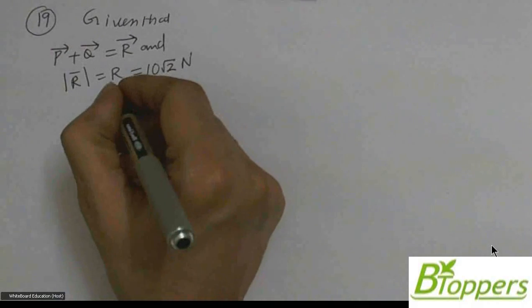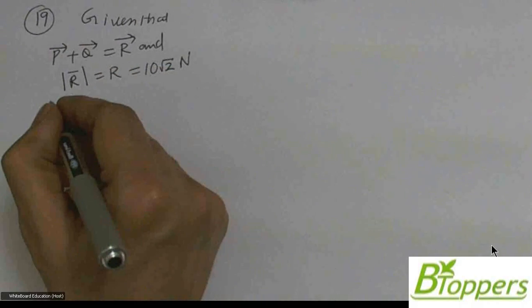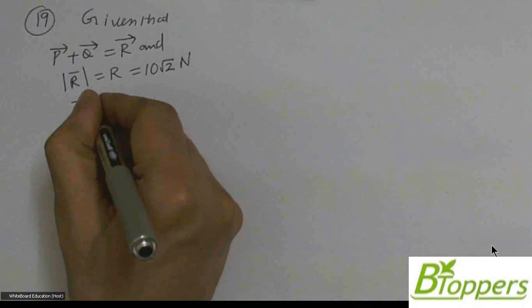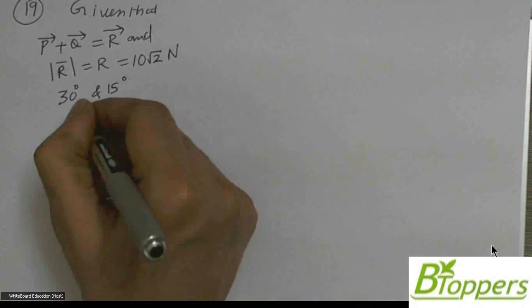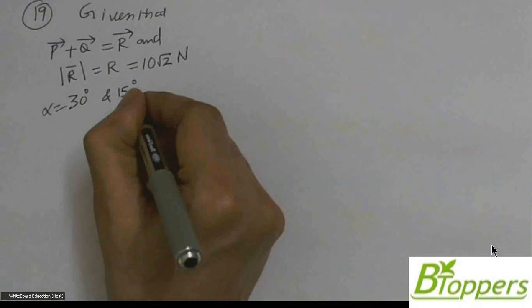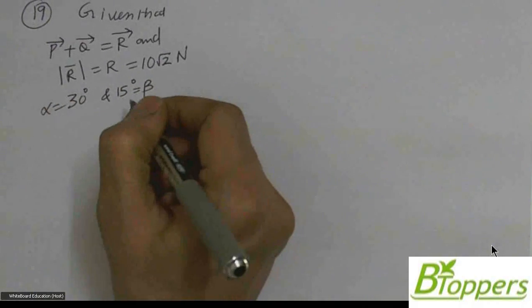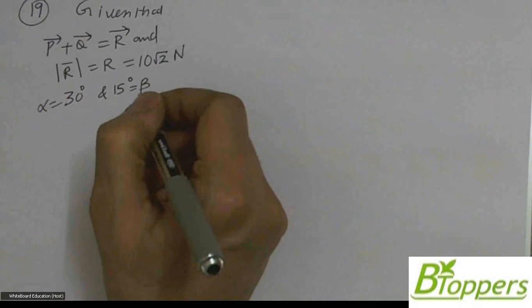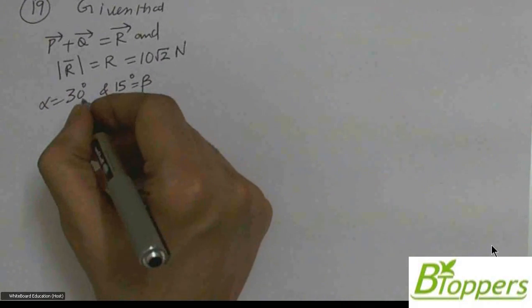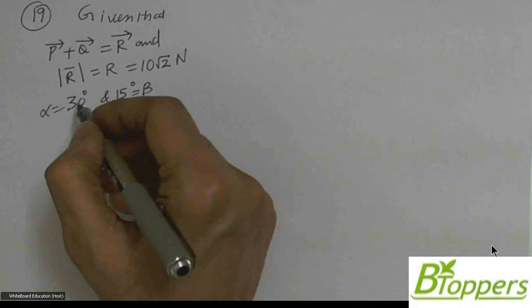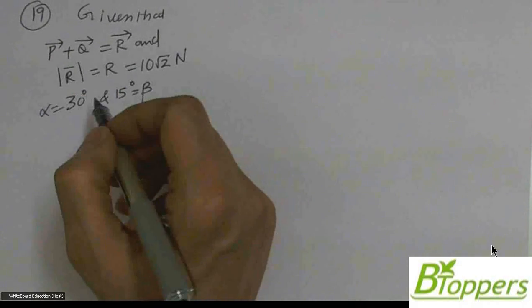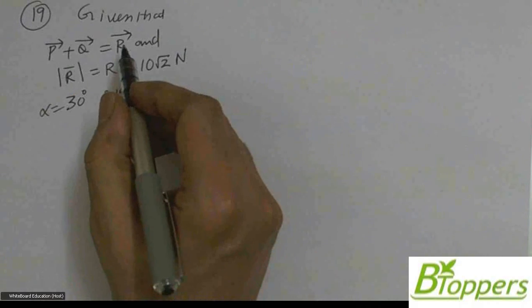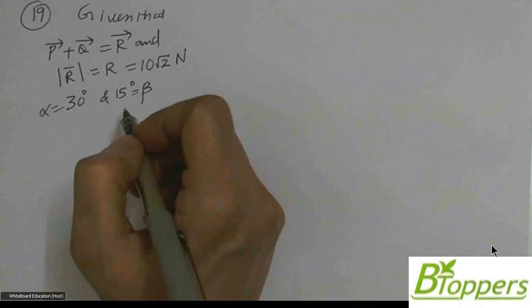The resultant R bar makes angles 30 degrees and 15 degrees with P bar and Q bar respectively. Let alpha denote the angle made by the resultant vector R bar with the first vector P bar. Let beta be the angle made by the resultant R bar with the second vector Q bar.